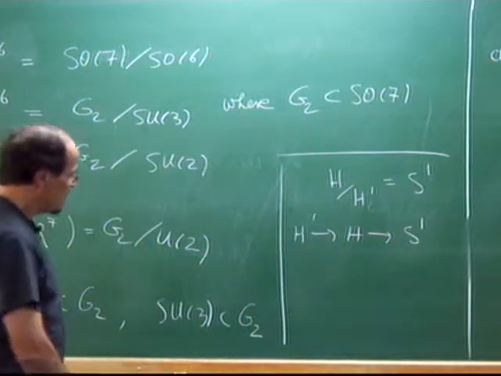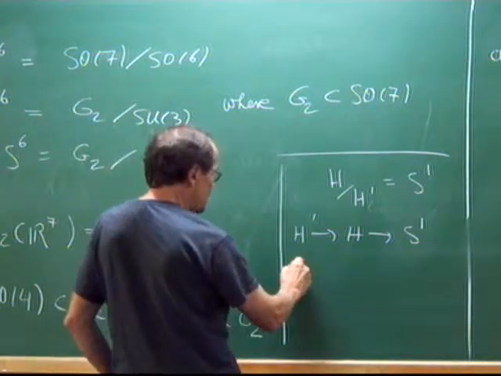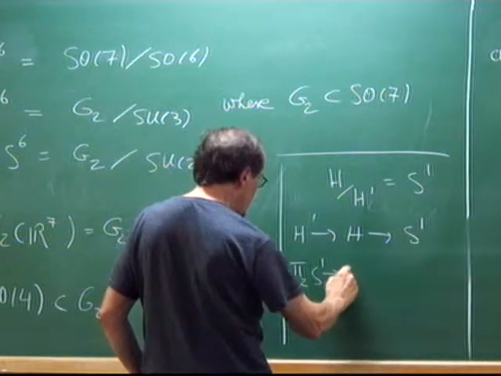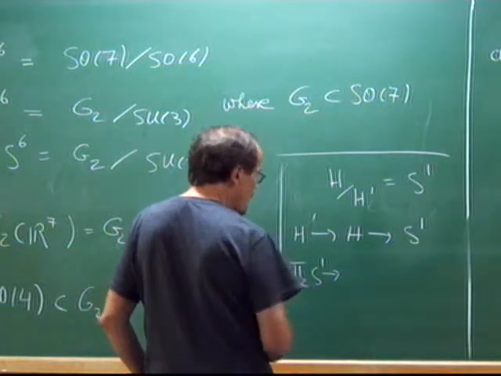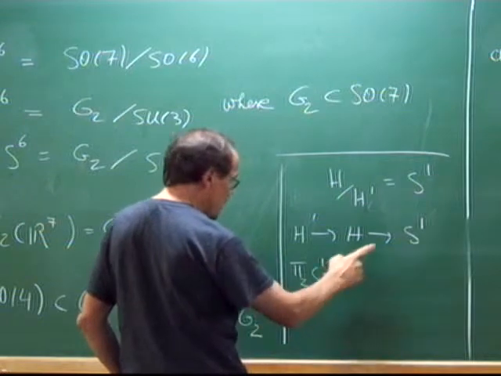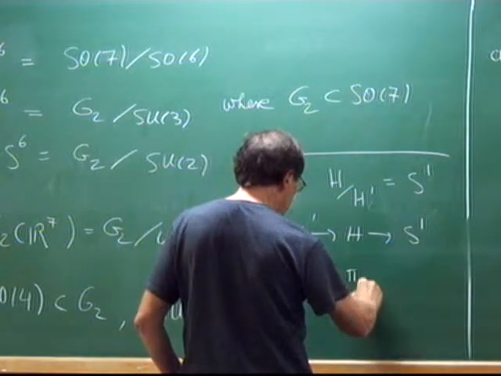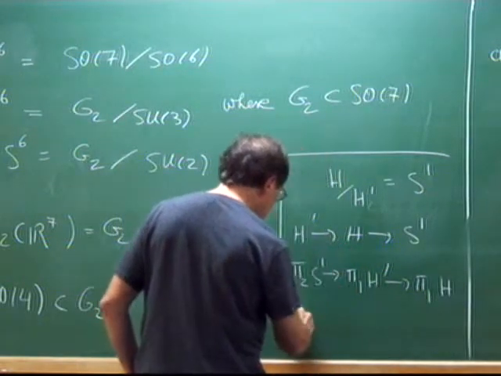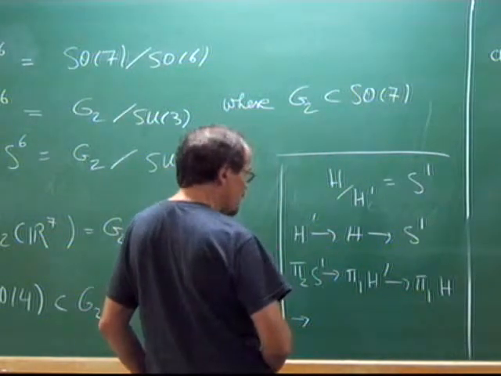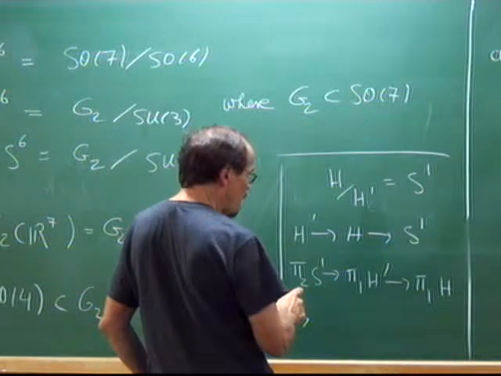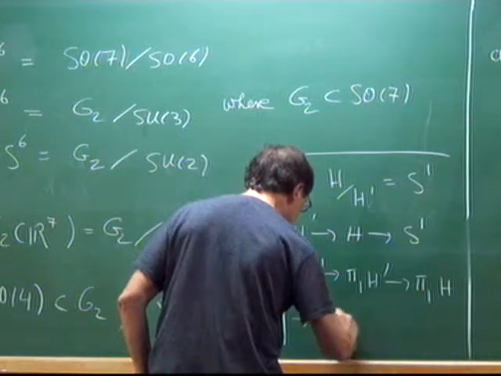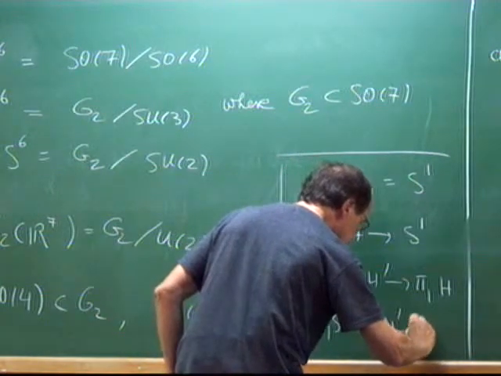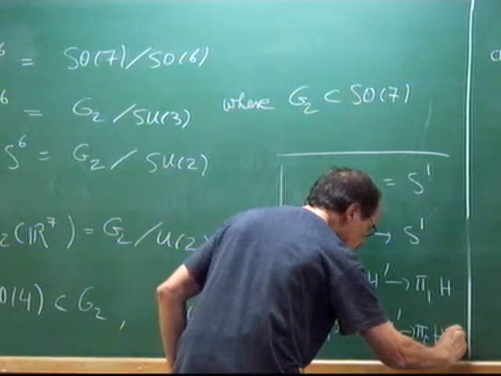I have a long homotopy sequence which says pi 2 of S1 to pi 1 of H prime to pi 1 of H to pi 1 of S1 to pi 0 of H prime to pi 0 of H to 1.